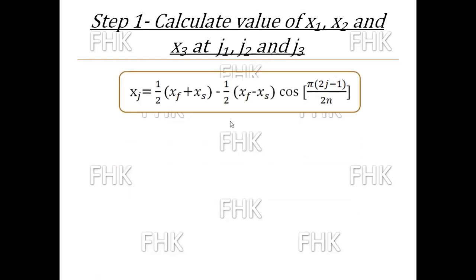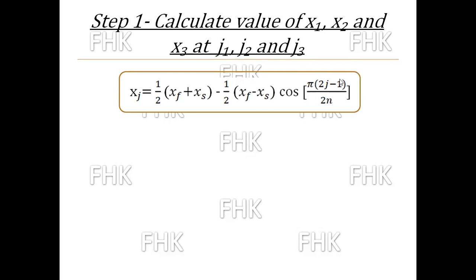So we know the formula of Chebyshev spacing method to find the precision points: xj is equal to 1 by 2 into (x final plus x starting) minus the average of starting x and final x, so (xf minus xs) divided by 2, into cos of pi into (2j minus 1) divided by 2n. Remember that j is an integer value, 1, 2 or 3. That integer value we have to convert into degree because we have to take the cos of an angle in degree.